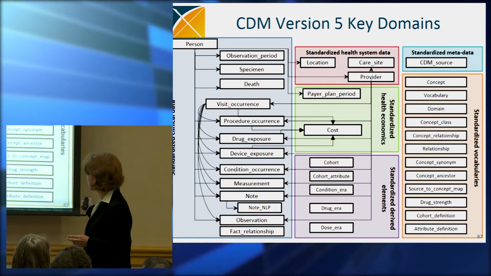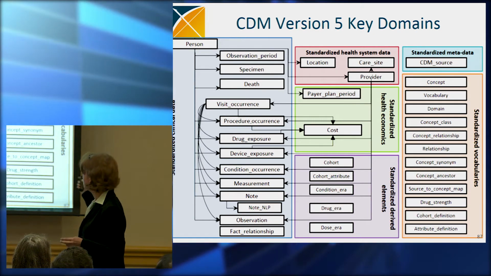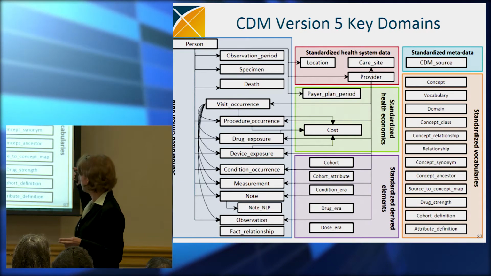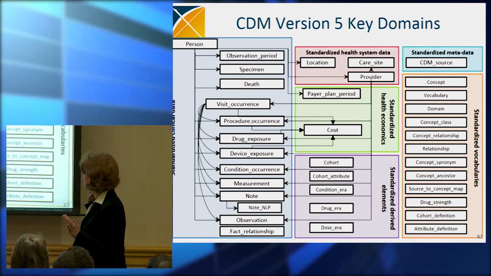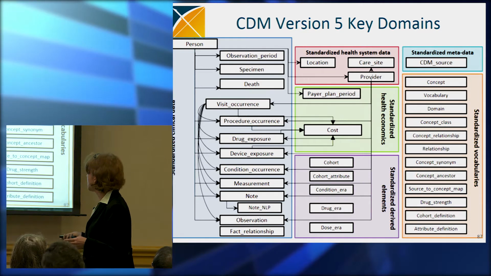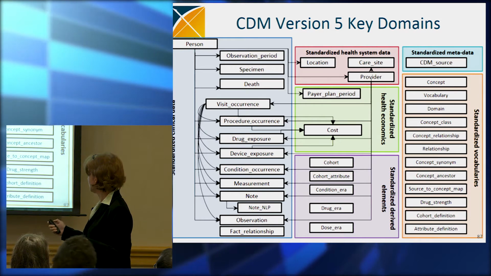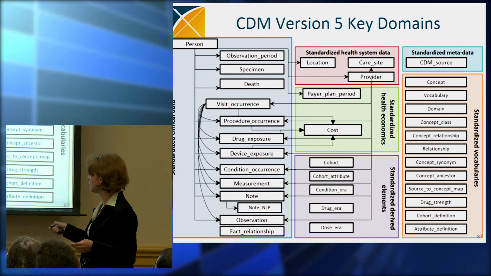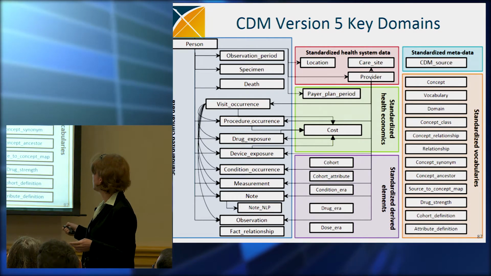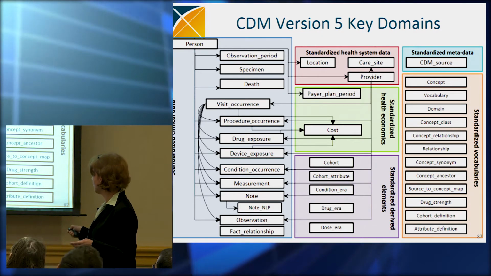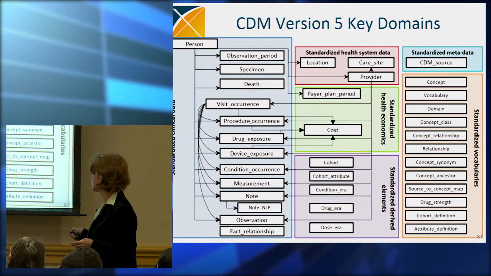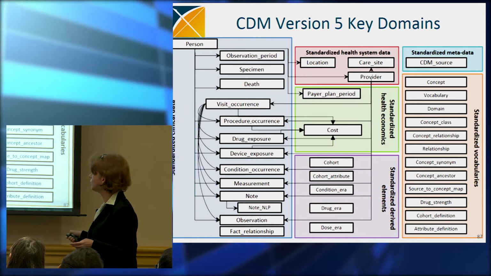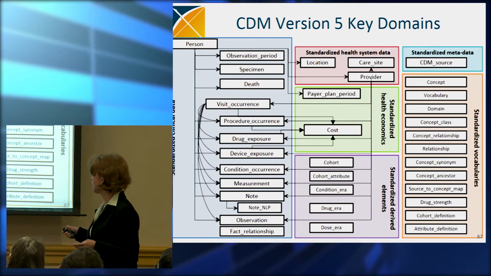The rest of the common data model major domains mostly contain patient data. There are standardized clinical data. There are derived tables that are based on the clinical data tables.